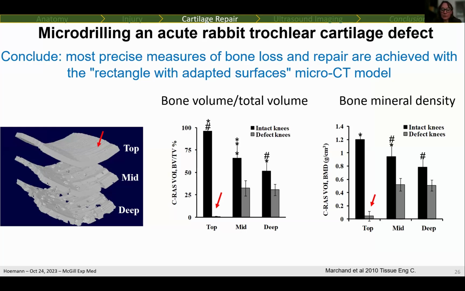And then as you get deeper into the trabecular bone, it's like spokes on a wheel. The bone gets less and less dense. So we concluded from this analysis that the most precise measures of bone loss and repair are with this rectangle with adapted surfaces, and she published this in Tissue Engineering C.